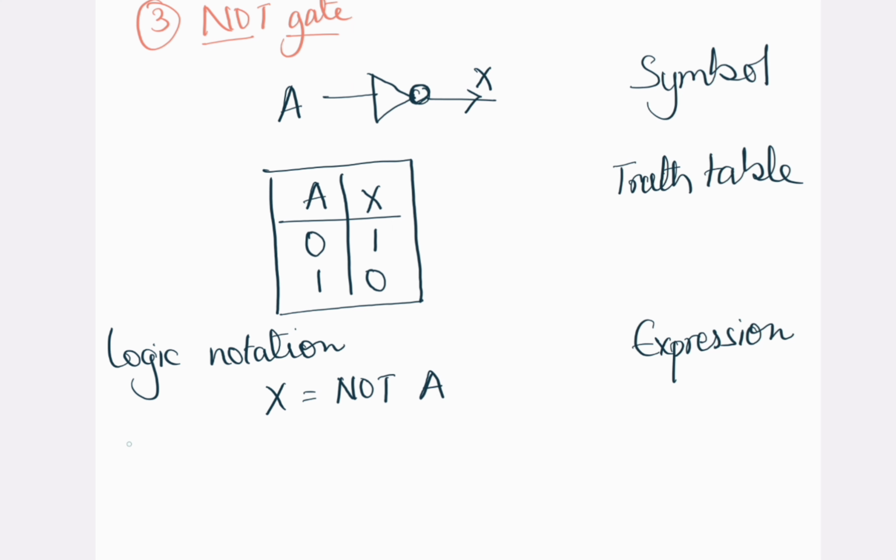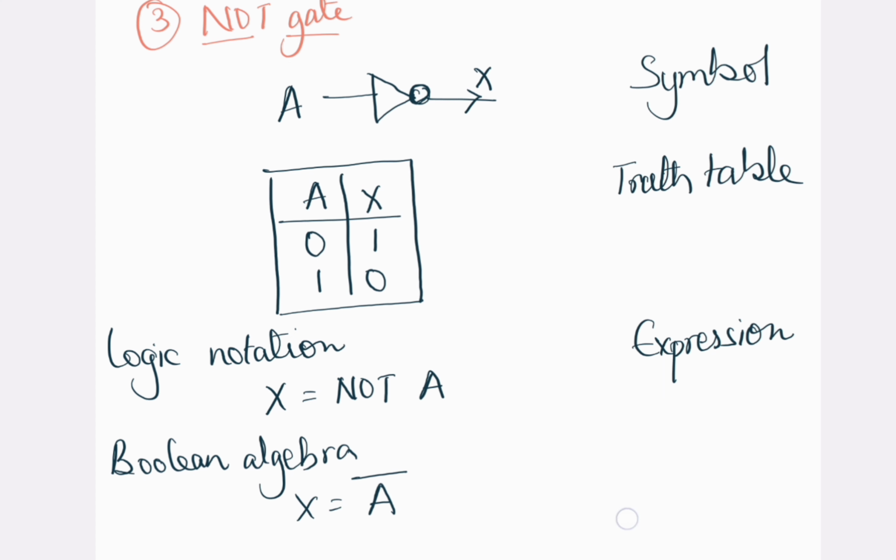And talking about the Boolean algebra, X is equal to A, the variable with the bar on the top. That's how it's written. This bar on the top represents the NOT of the variable. So it's a NOT gate.